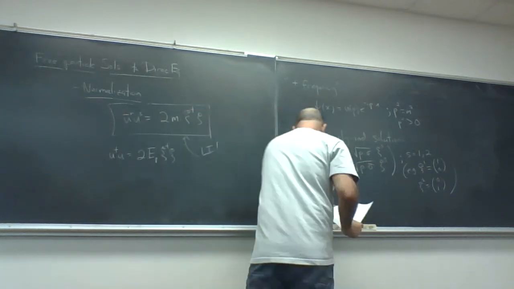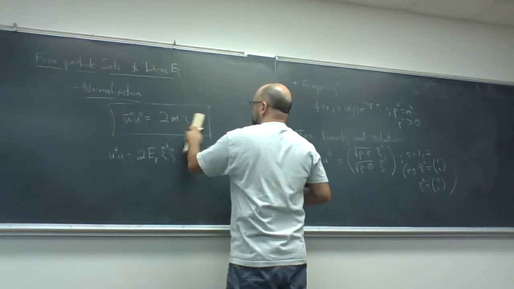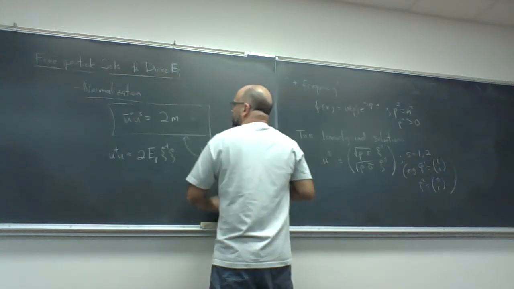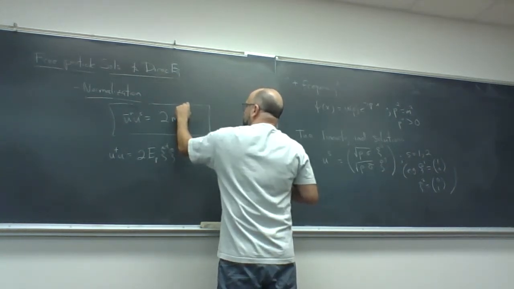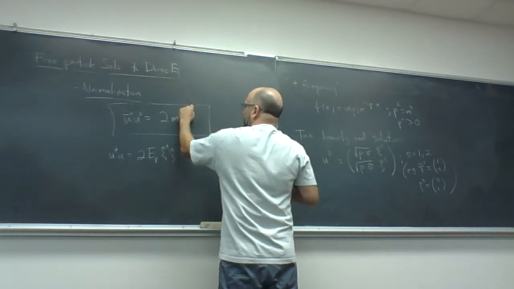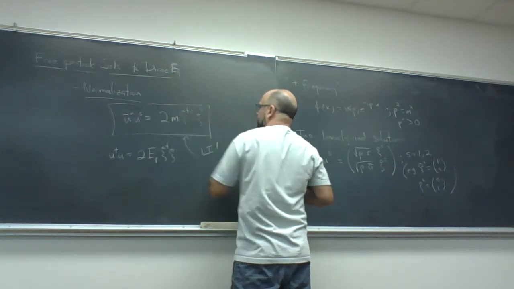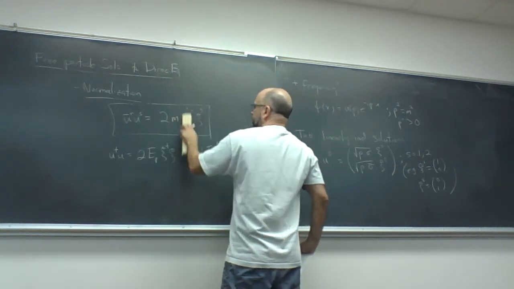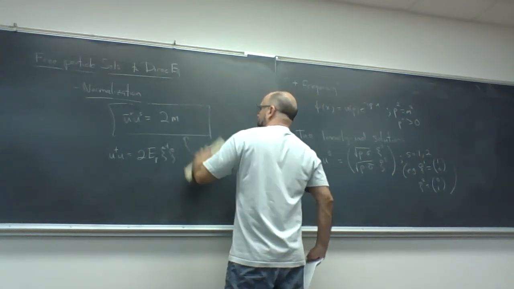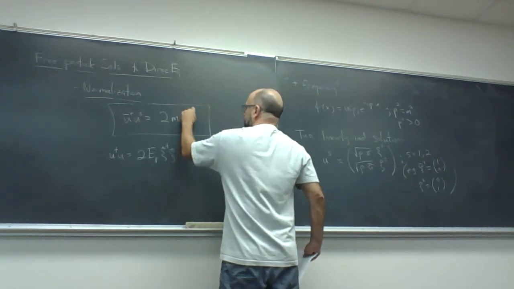So if I want to include the spinor index, I would have u bar^r u^s, and this gives me 2 times the mass, and this thing would be, let me just write it out. So it would be xi dagger^r xi^s, and the normalization condition for these guys is a Kronecker delta function, so it's delta^rs.